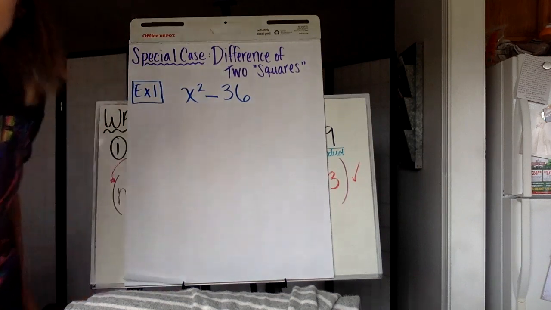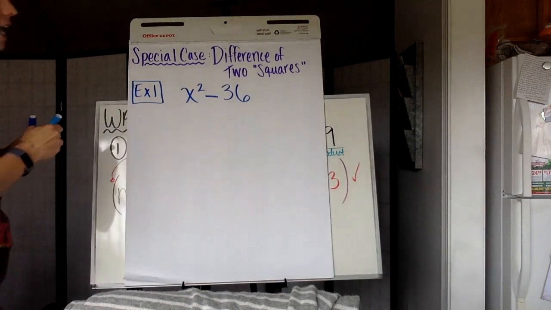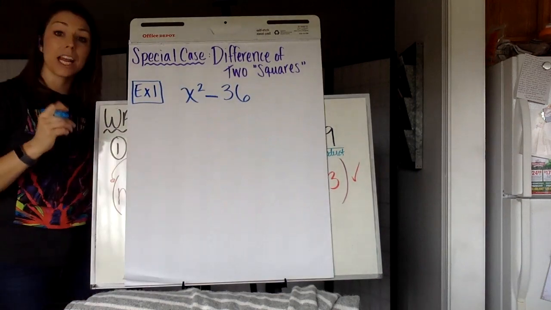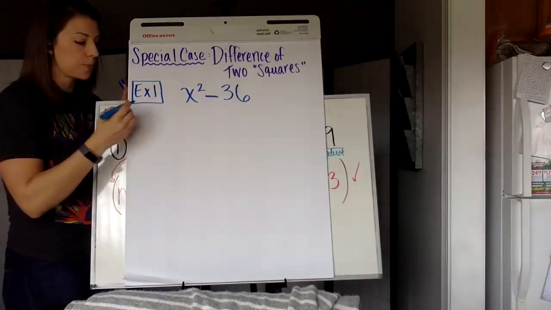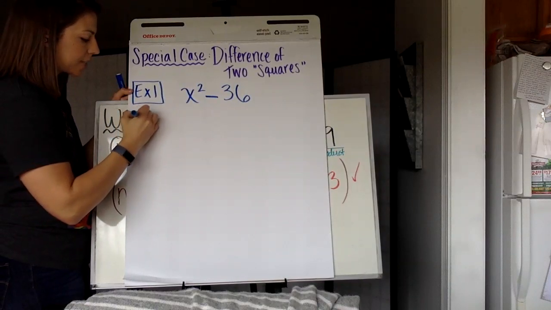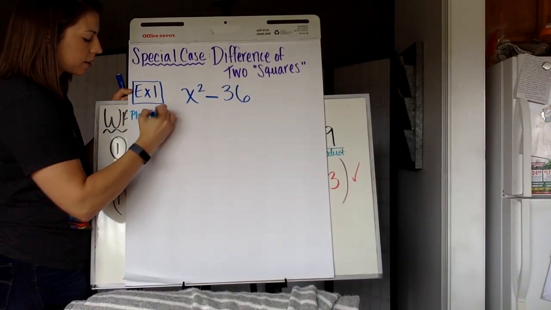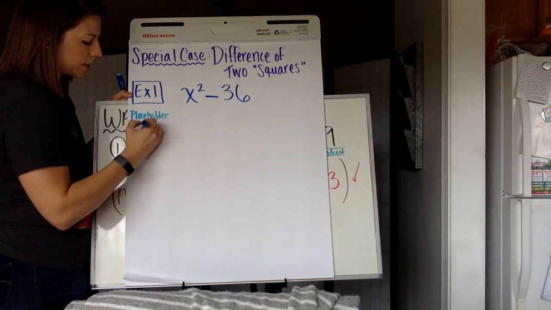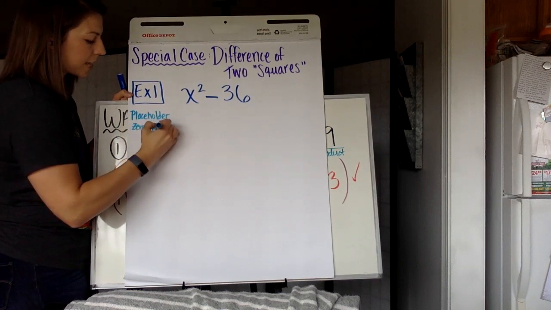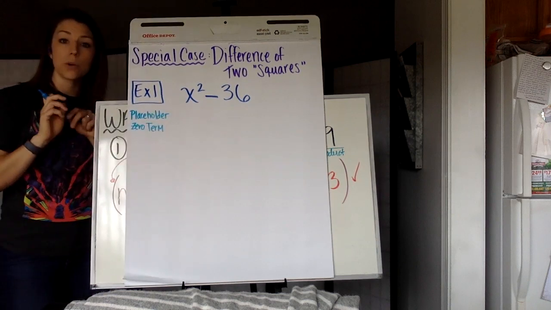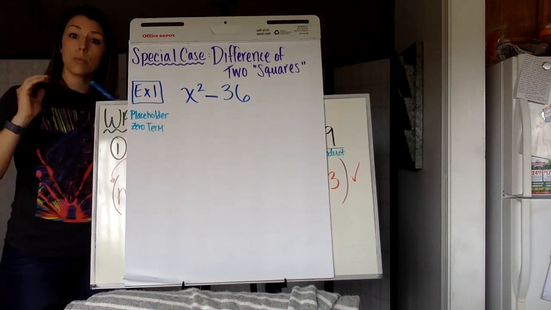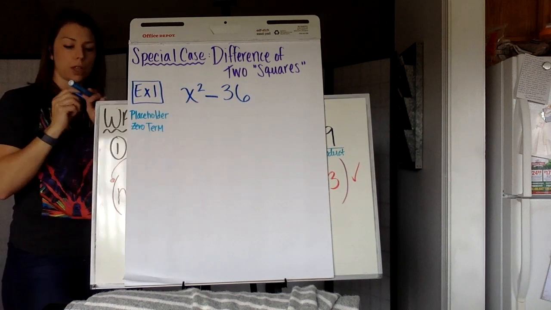The first thing that we can do here is add in a placeholder 0. So we can do what's called a placeholder 0 term. Just like we did in our warm-up, we're just going to rewrite this expression with 3 terms with a placeholder in the middle.